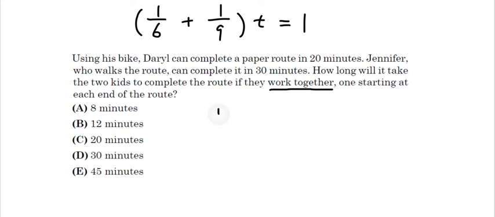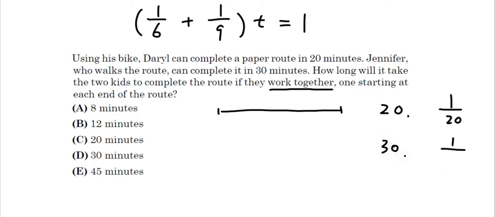So 20 minutes to finish, so 1 minute can do 1 over 20, and the other one, 30 minutes to finish the job, so 1 minute can finish 1 over 30. So how long will it take the 2 kids to complete the route if they work together? One starts at each end. So this guy starts from here, this guy starts from here.